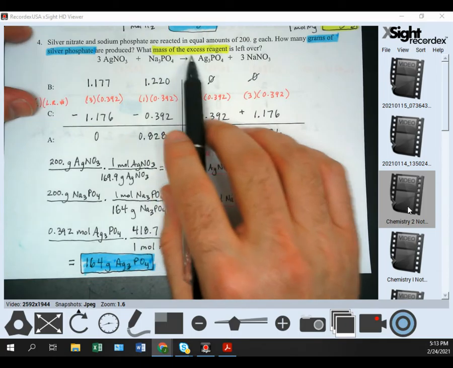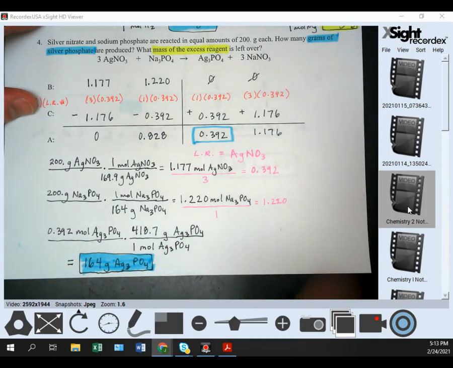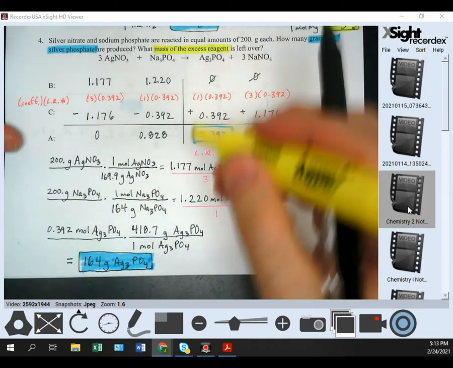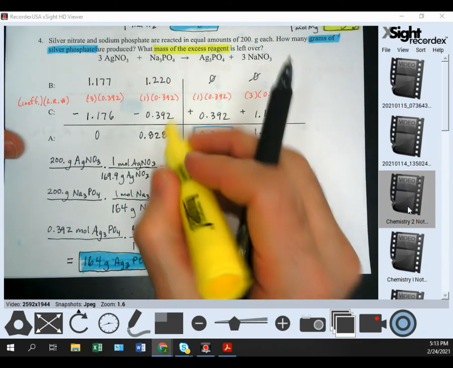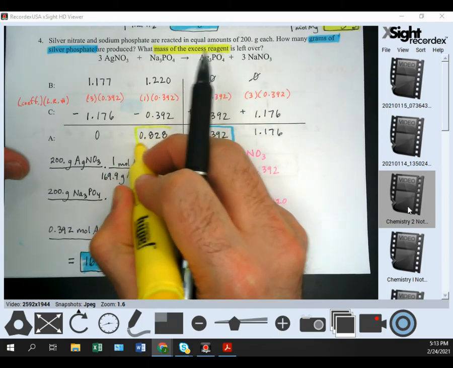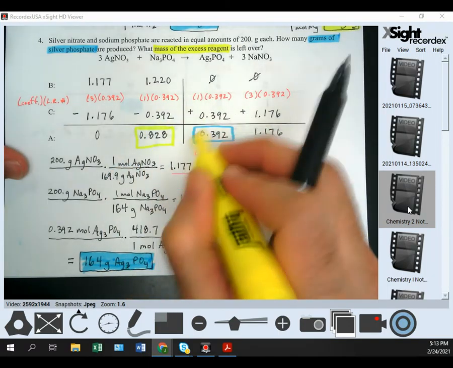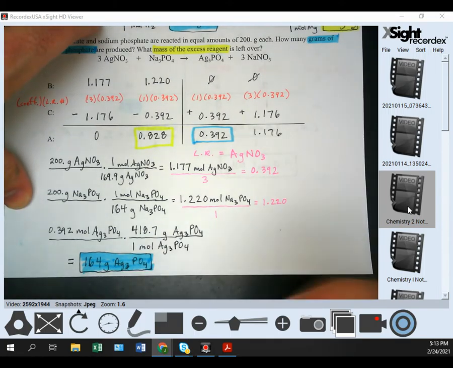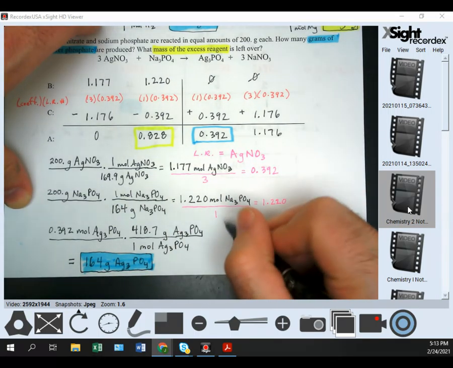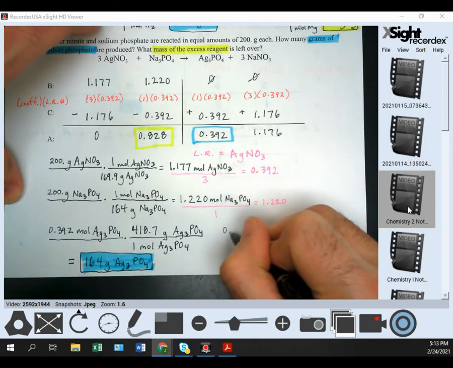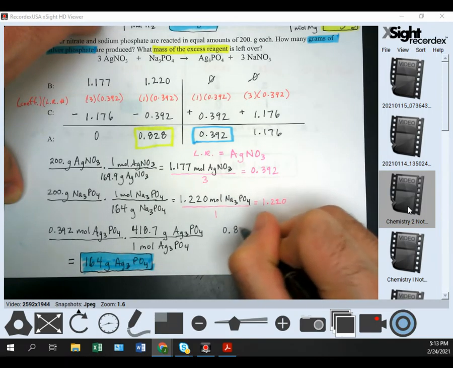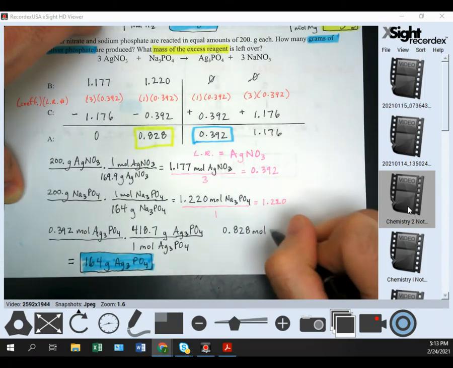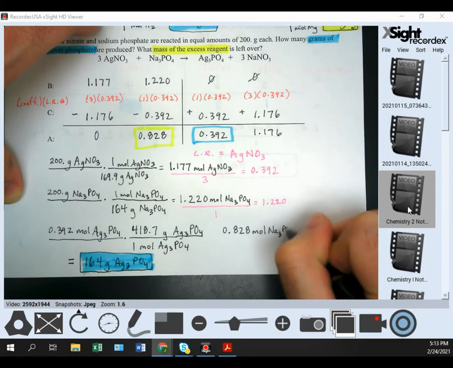What is the mass of excess reactant left over? So excess reactant is the one that was not used up. So in this case, it's the Na3PO4 that was not the limiting reactant. So this, again, now remember, this is not mass, it's not grams, it's the moles. So we've got to do another conversion, just like we've been doing. Yes, there's a lot of work on these. Moles Na3PO4.